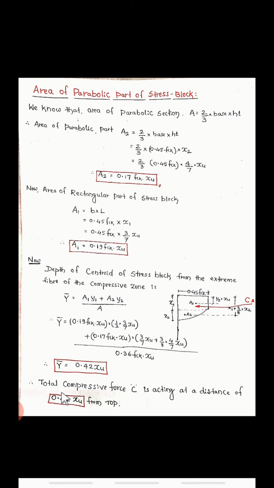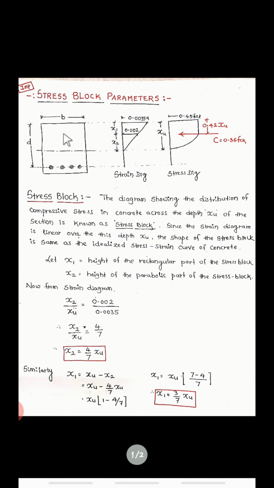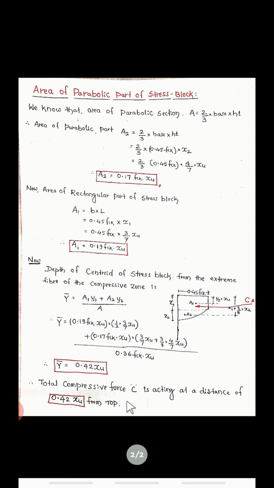So this indicates that the total compressive force C in the concrete will be acting at a distance of 0.42 times xu from the top. So that is the derivation we have shown.